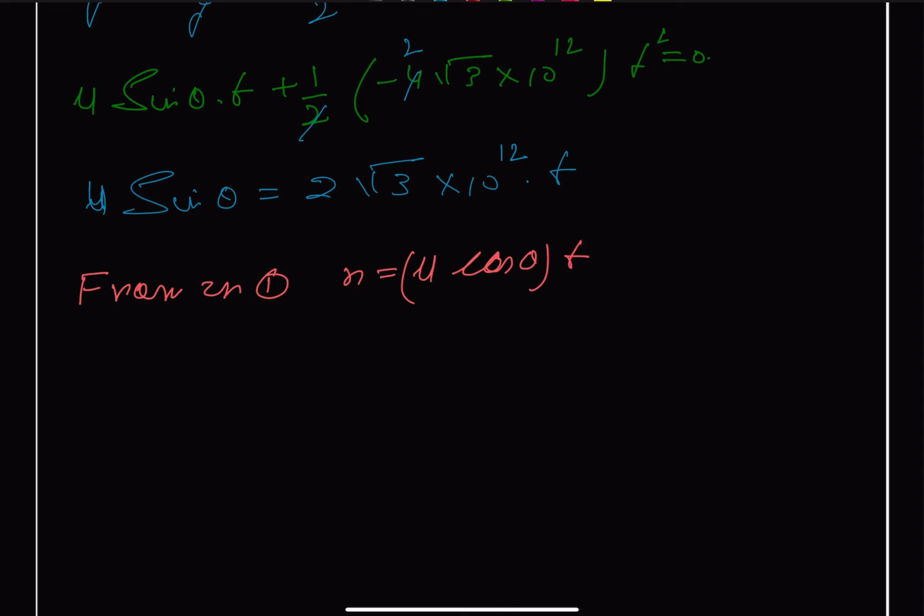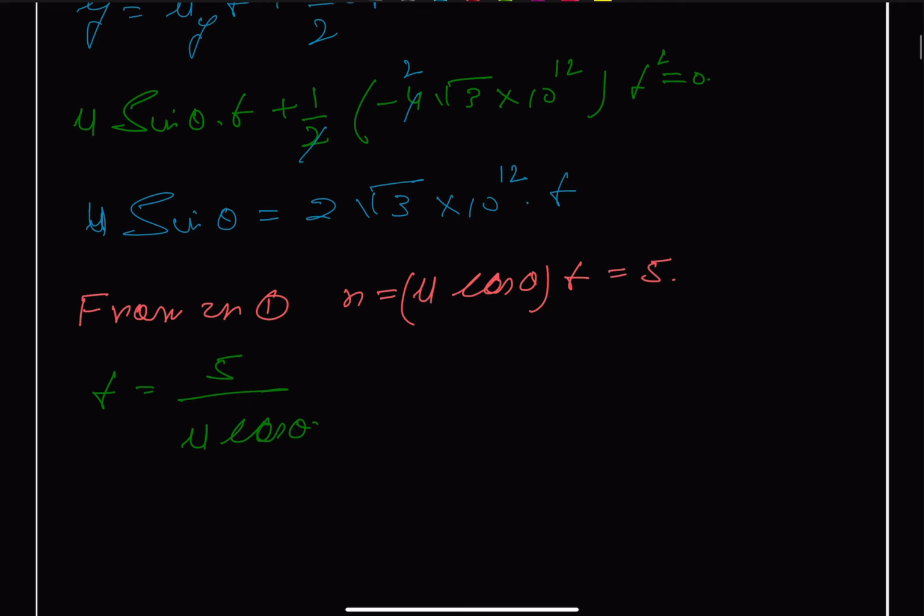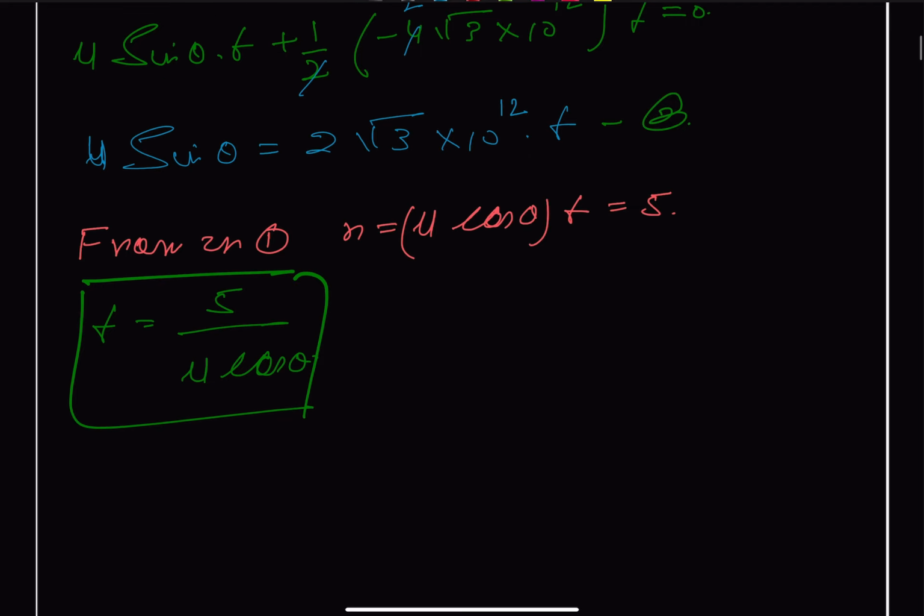X is given to us as 5, so this is equal to 5. Therefore, we can write that the value of t will be equal to 5 by u cos of theta. And let us suppose this is our equation number 2. So we are going to use the value of t we just calculated.